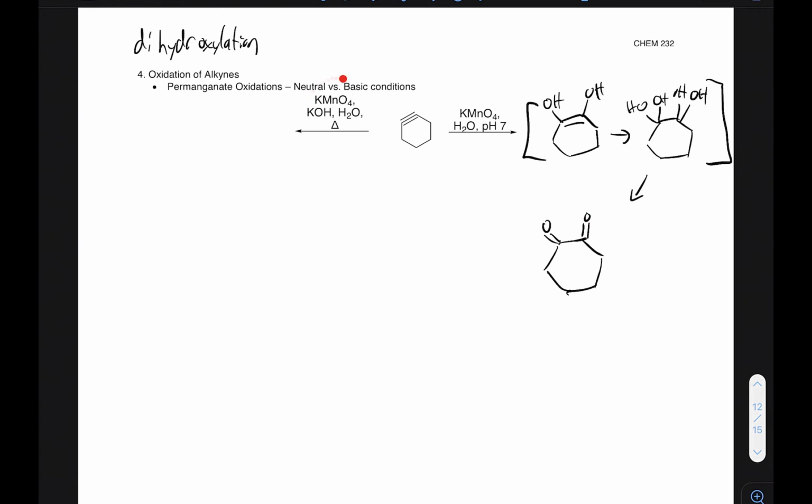Now this changes if we have harsher conditions. If we use KOH and heat instead of neutral conditions, we get the following, where the alkyne actually splits in half. And at the end, instead of ketones, we see carboxylic acids.